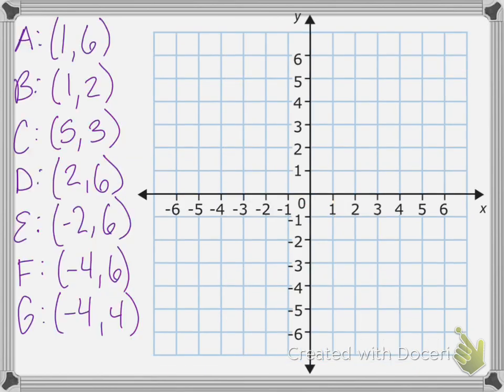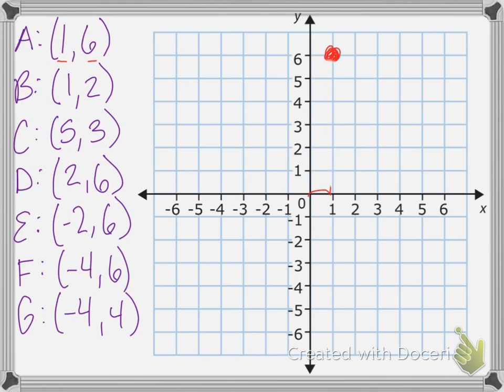Okay, so now we're going to graph all these points on my coordinate plane. Okay, so the first one is (1, 6). So I'm going to go to the right 1 and up 6. 1, 2, 3, 4, 5, 6, and put a dot.